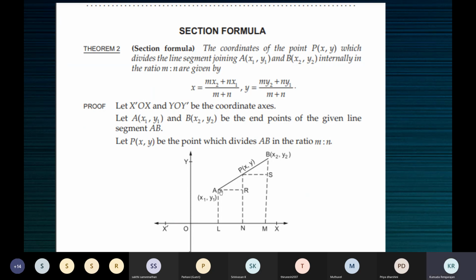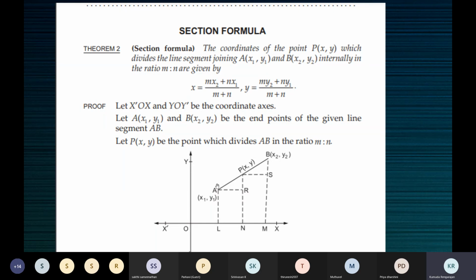Fine. So now the construction: draw AL perpendicular to the x-axis, that is XOX'. From A, draw AL perpendicular to the x-axis.